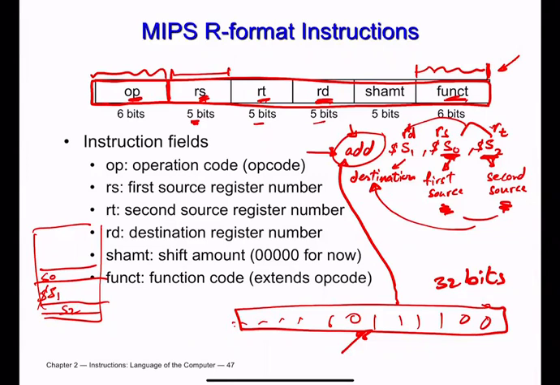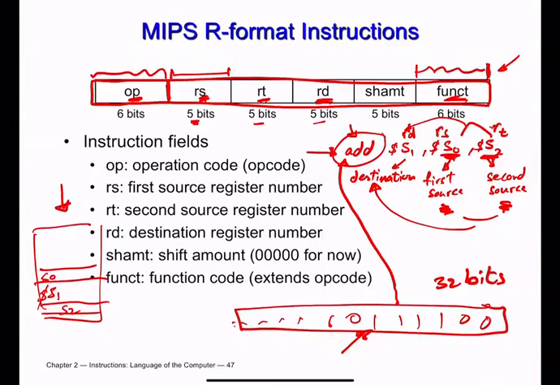We already know that the register file is nothing but 32 rows. How many bits do I need to address anything inside these 32 rows? Of course, 5, because 2 to the power of 5 is 32. So 5 bits will give me 32 different locations.